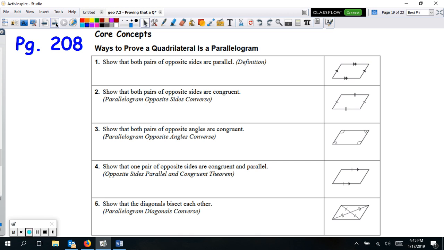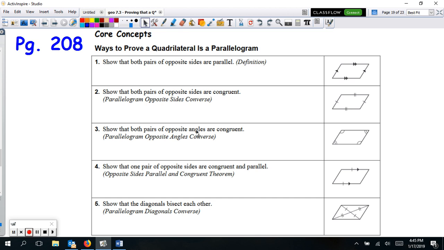We can do number 1, show that both pairs of opposite sides are parallel, and that's the definition of a parallelogram. So if we just know that both pairs of opposite sides are parallel, that's definitely a parallelogram. We can also show that both pairs of opposite sides are congruent. That's another way we can do it as well.